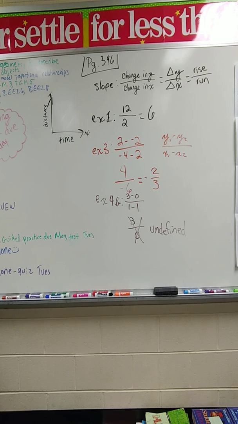In example 4a, the slope is 0. We have a horizontal line, it's straight across, the slope is 0. It is a function. In 4b that we just looked at, that is a vertical line. That slope is undefined. It is not a function.